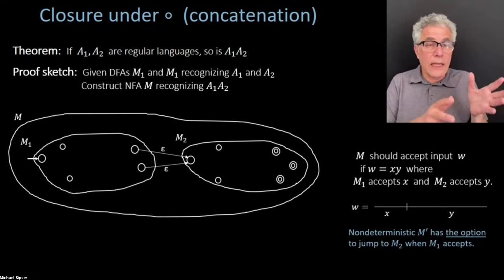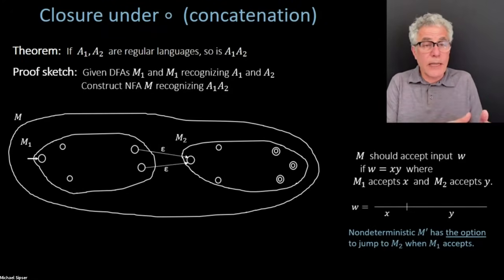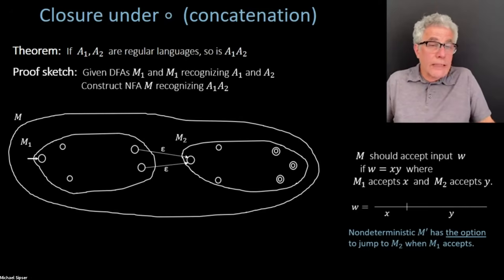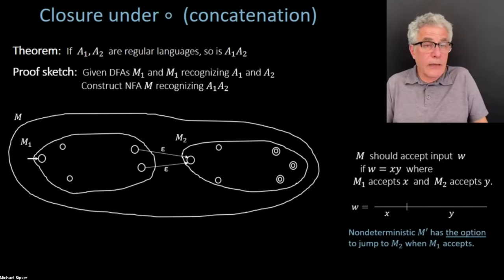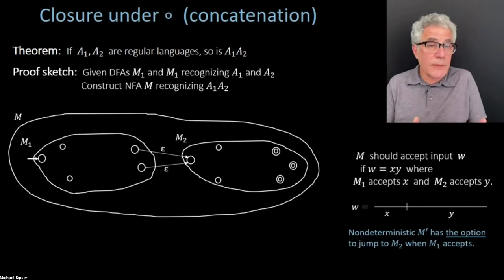Once it has found an initial part that's accepted by M1, it guesses that this is the right split point, and that passes to M2, but there might be other guesses that it could make, corresponding to other possibilities. And so with non-determinism, it always guesses right.